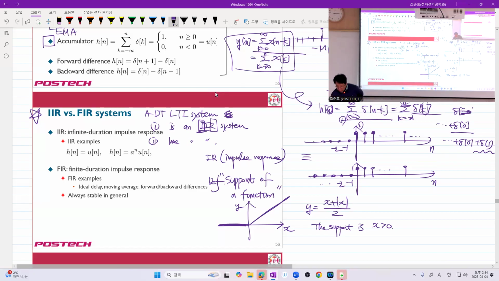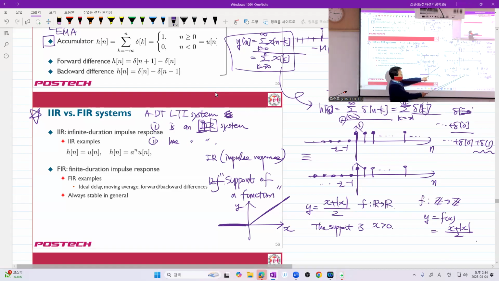What about this one? In the left case, we assume that the function, let's say f, is from R into R. In that case, the support is all positive reals.